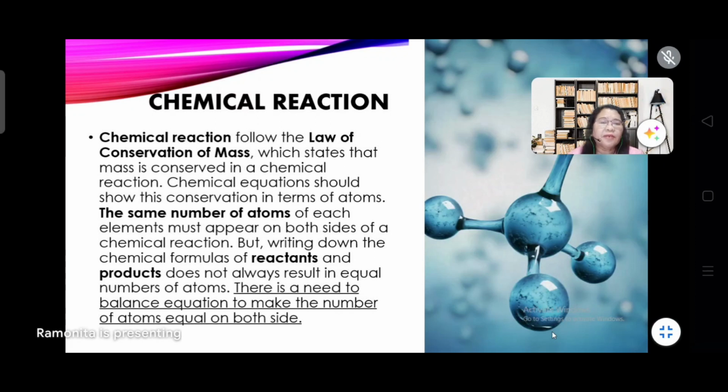But writing down the chemical formulas of reactants and products does not always result in equal numbers of atoms. There is a need to balance the equation to make the number of atoms equal on both sides.